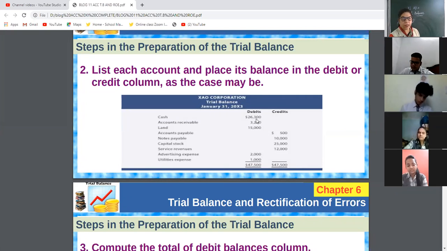All assets have debit balance, all liabilities have credit balance, all expenditures have debit balance, all income and gain have credit balance. So the second step is list each account and place its balance in the debit or credit column as the case may be.